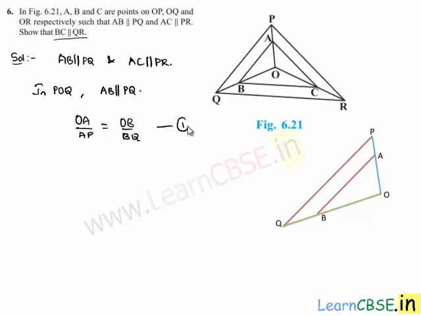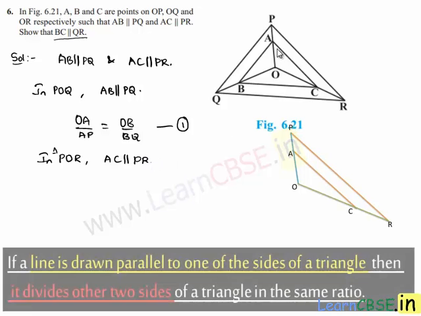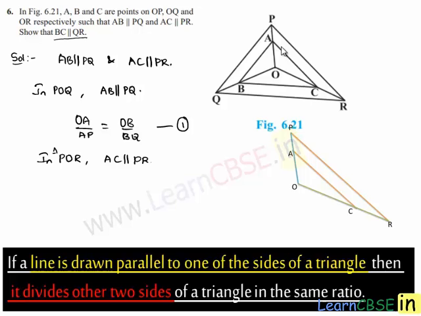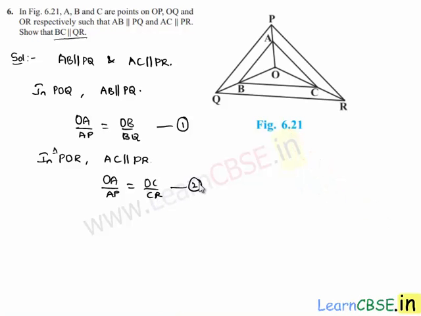Let it be equation number 1. And in triangle POR, given that AC is parallel to PR, so from the basic proportionality theorem, we can say that OA by AP is again equal to OC by CR. Let it be the second equation.